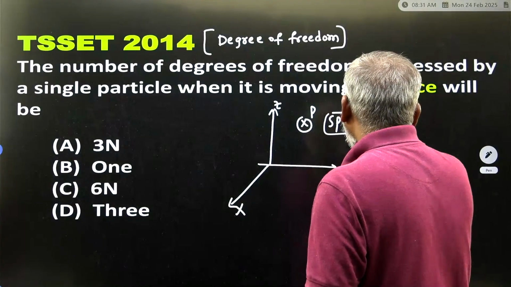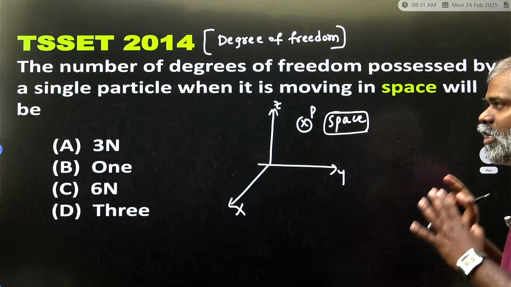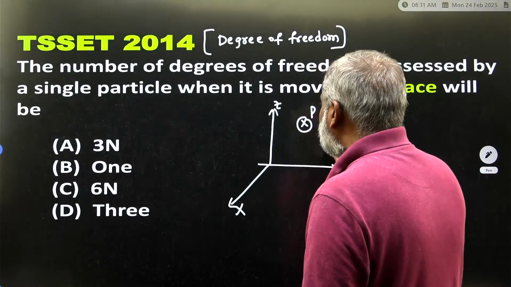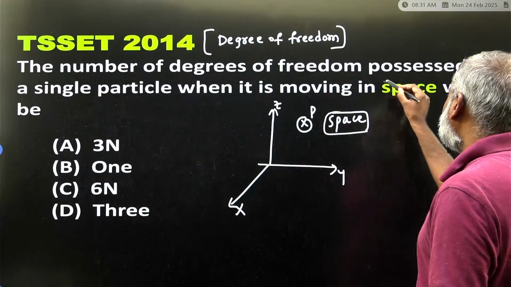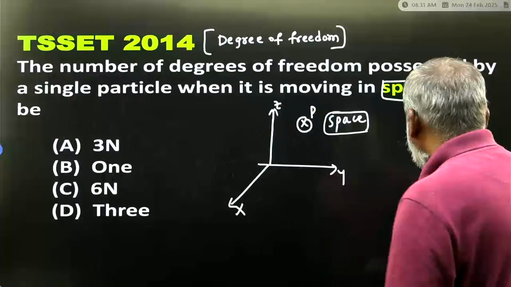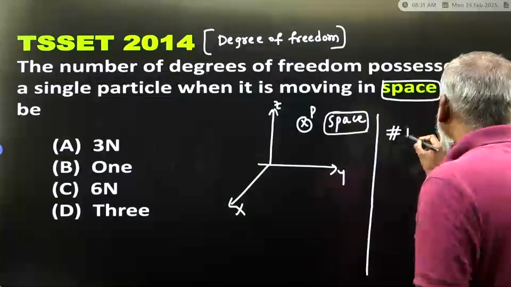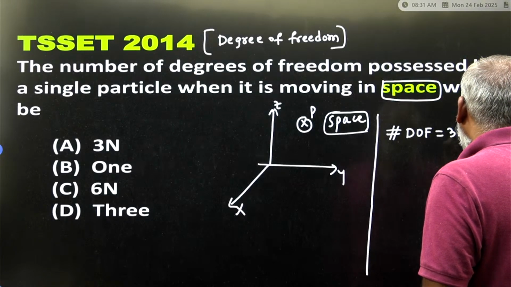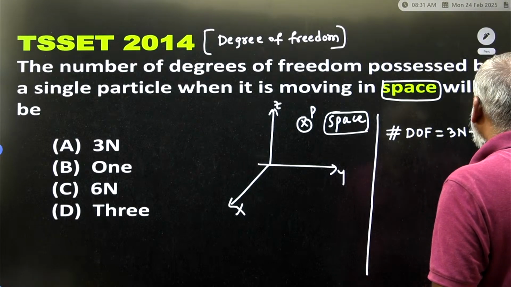The number of degrees of freedom is equal to 3n minus c for a three-dimensional system.